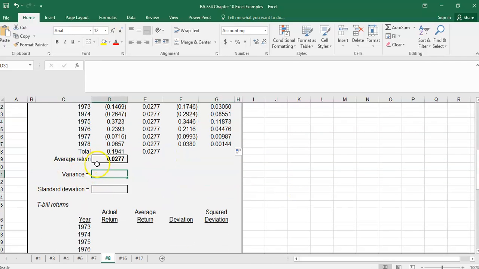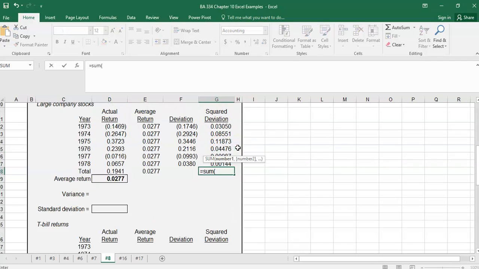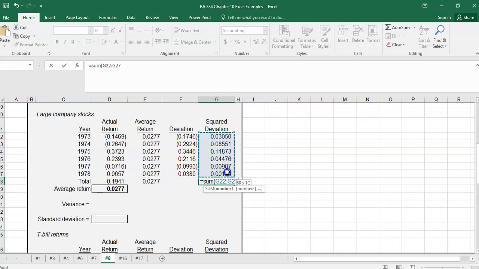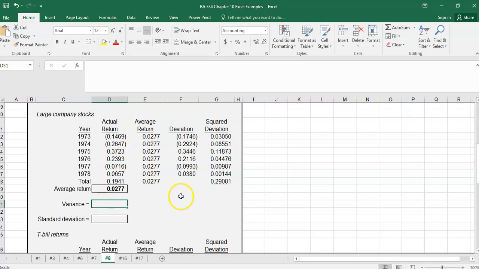So we have the variance, which is the sum. Oh, we've got to sum our squared deviations first. So that is the sum of our squared deviations divided by the number of years minus 1. So we have 7 years minus 1, so we divide by 6.